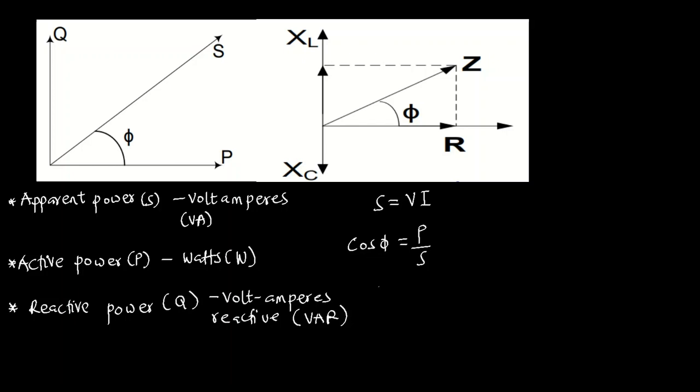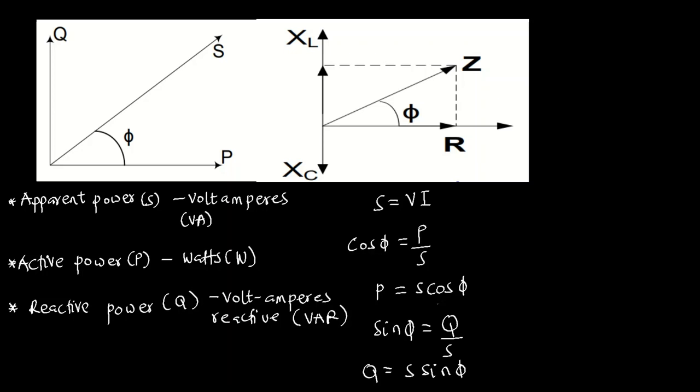So the active power P will be equal to S cosine of phi. And for the reactive power, we have sine of phi equal to the opposite, which is the reactive power over the hypotenuse. So the reactive power is equal to the apparent power times the sine of phi.